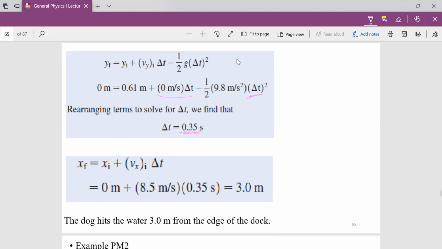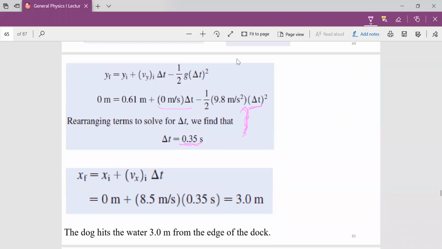Now, if this kind of question happens to come out in your exam or test, you're meant to show the missing steps, please. Don't just say rearranging terms to solve for change in S, we find so. Because if we were to draw the marking scheme or marking guide, this will have its mark, this will have its mark. About 3 lines that are not shown in this equation will have their marks.